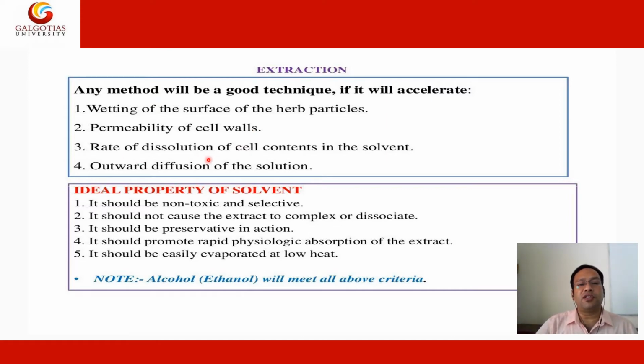Rate of dissolution of cell content in the solvent: the material deposited in the cell of the plant dissolves into the solvent. The solvent will penetrate the cell content, followed by outward diffusion of that solution.